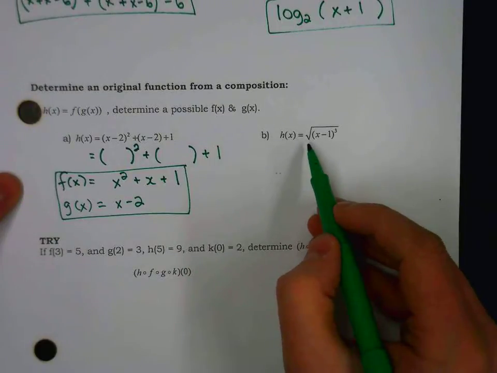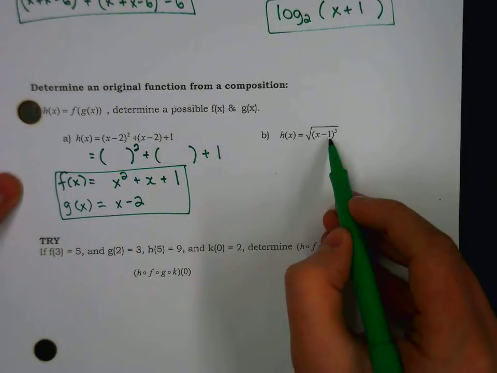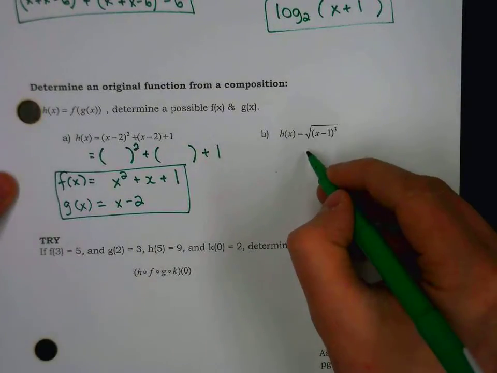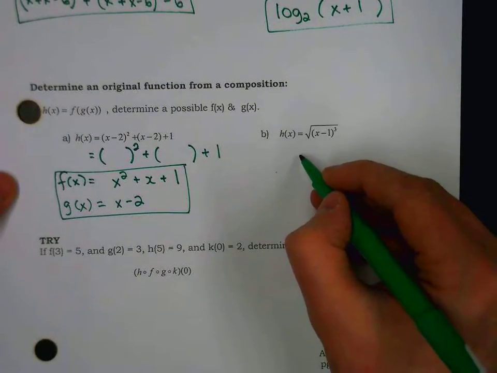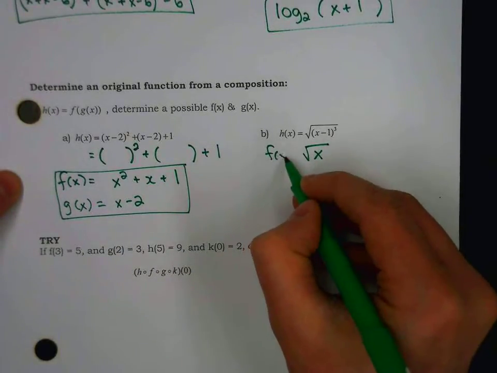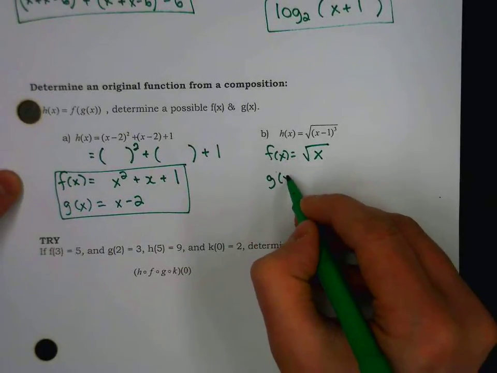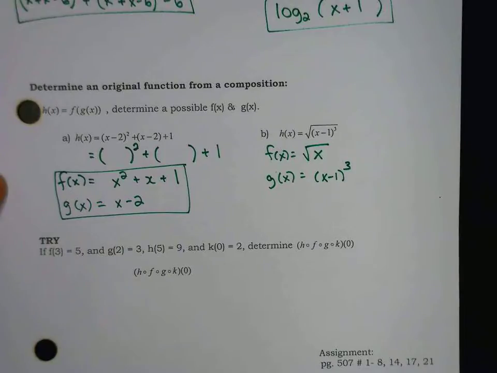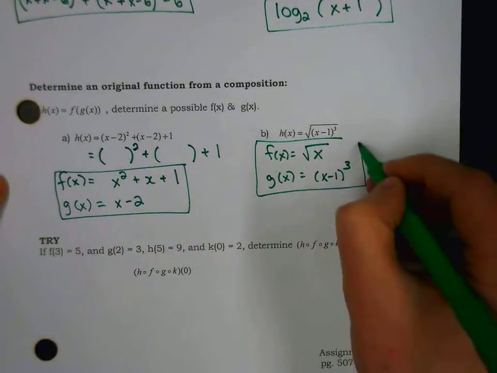We have h of x is the square root of x minus 1 cubed. A few people might notice options, and they might say, well, the square root of x could be your overall structure f of x, and what got placed into there was x minus 1 cubed. That could be a possible answer.